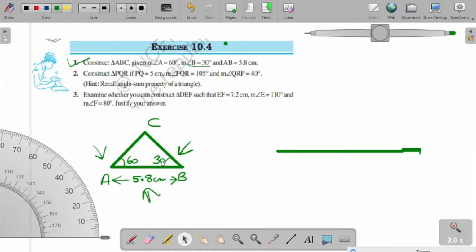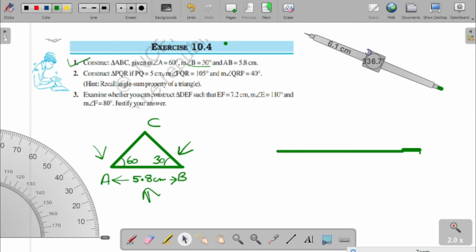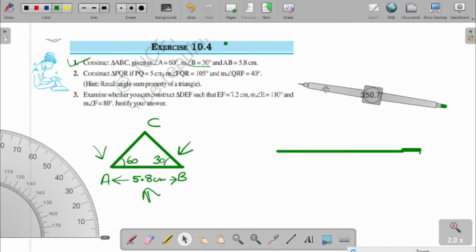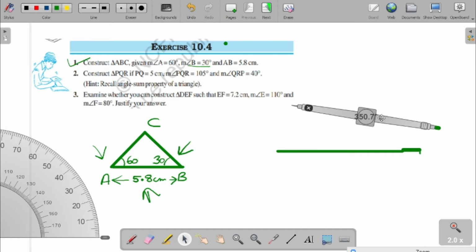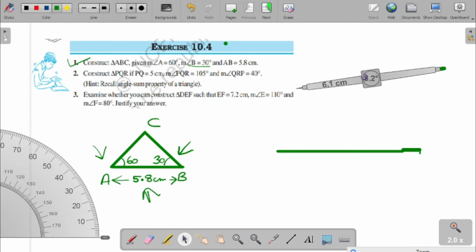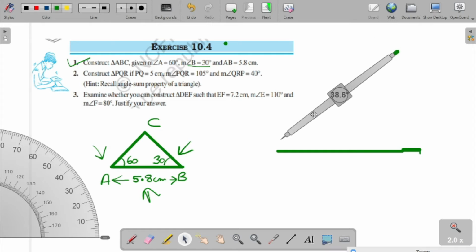Then we need to construct 30 degrees. To construct the 30 degrees, we need the help of a compass. 60 degrees you can draw, and you can draw 30 degrees also. So with the help of the compass, you can bring it here, and we can reduce it here.